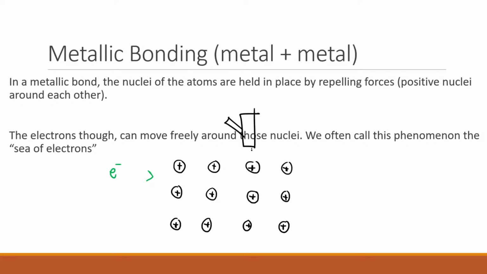If I hit this nucleus with enough force, it's going to move down. If I put enough force into it, it's actually going to shift the other nuclei down, right? It will be repelled. There's been some pushback because there's positive nuclei. But if I push this down with enough force, it's going to move all these nuclei out of the way.